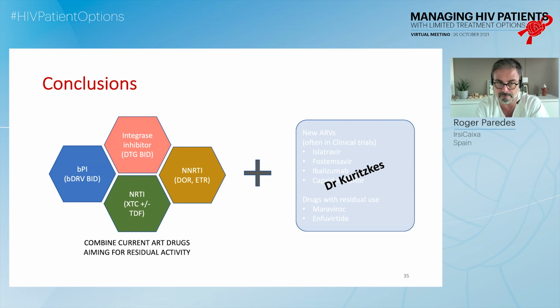But then it is useful to continue giving patients NRTIs, and we need to consider providing also doravirine, for example, even in a patient in a scenario of previous efavirenz exposure.